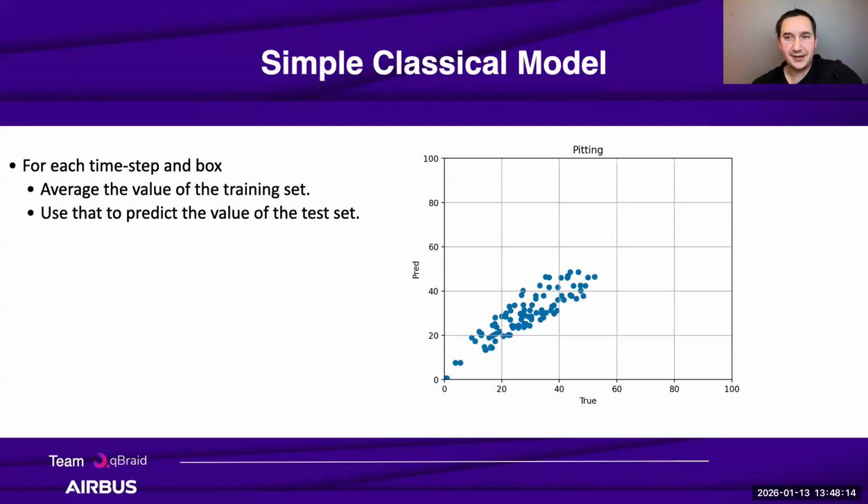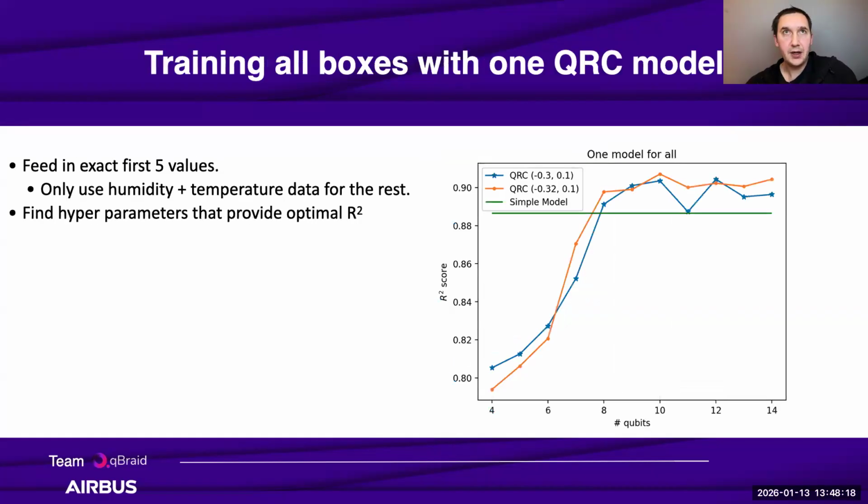It just guesses given the average of previous versions. So here, if we did one model for all the different boxes, you can see that we need to go up to around 8 qubits to start beating this simple model. And it kind of plateaus after that.